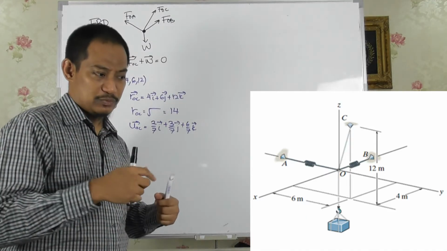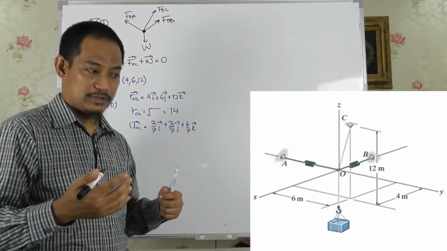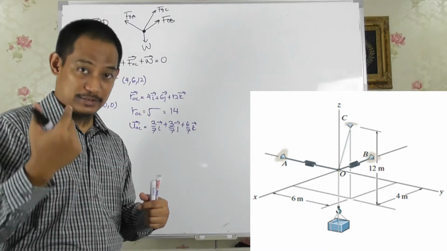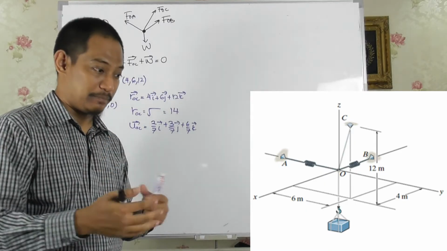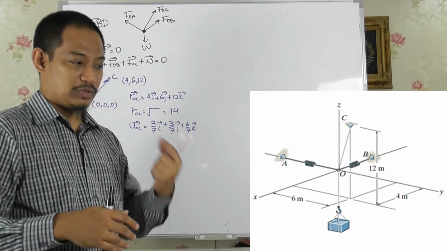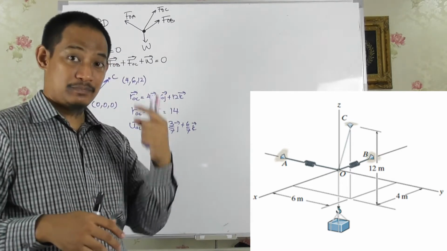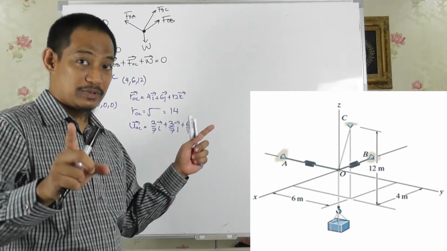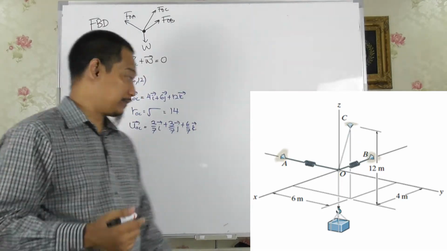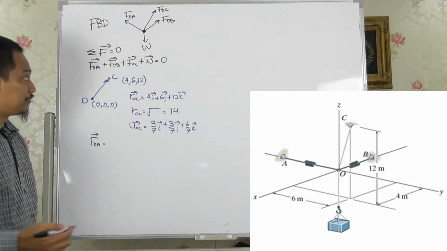But in this case, we can assume it is pulling. One way is just assumption. The second way, it's actually logical, because cable OC will be in the direction towards C, so obviously the two springs will counter in the two axes so that it is in equilibrium. So that's just logical, right? But anyway, we can just assume.